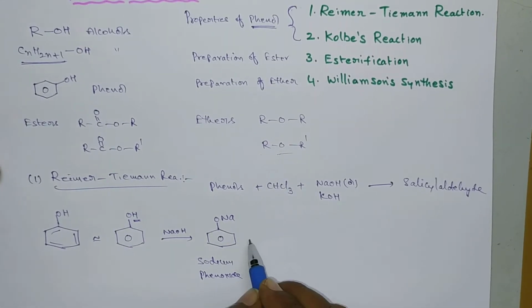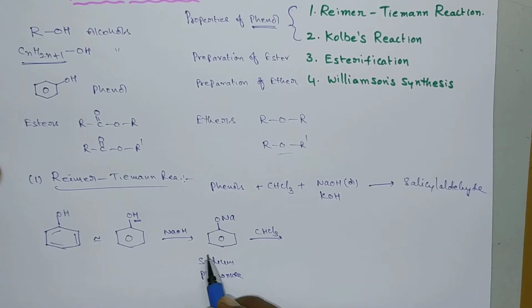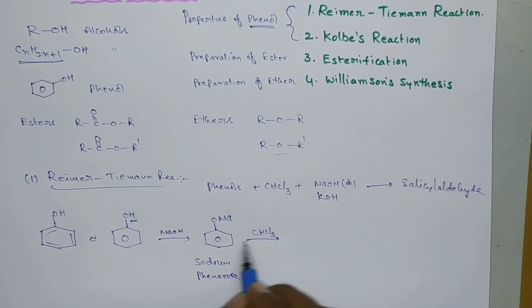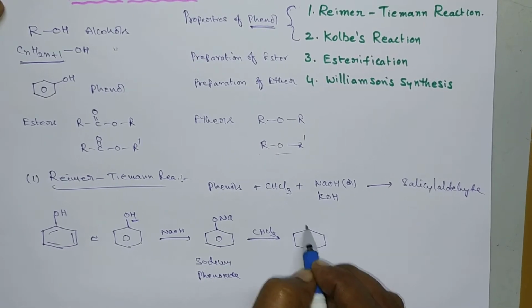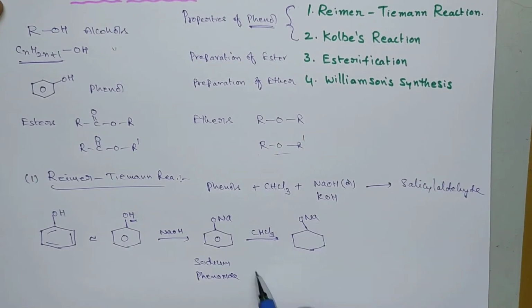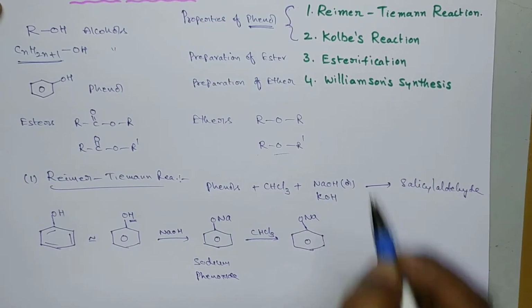Now this sodium phenoxide reacts with chloroform, that is CHCl3. When the chloroform is treated with sodium phenoxide, an ortho position is attacked, that means an ortho substitution takes place. You know very well this is the ortho position.